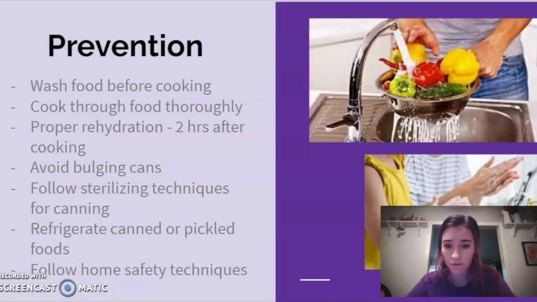There are very good sterilizing techniques for when you want to do canning, which is integral for avoiding botulism, making sure that we are not using any type of technique that would force any bacteria into the cans. And once you can or pickle food items, make sure and refrigerate those and that they're properly stored once opened. These are all home safety techniques that we can use to prevent that risk.